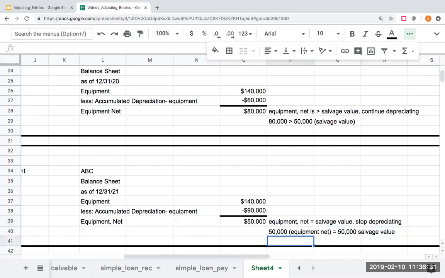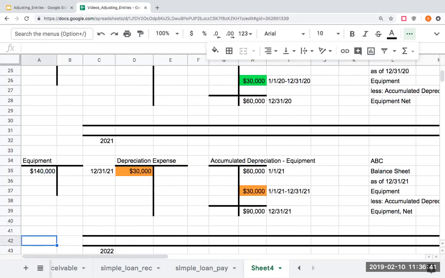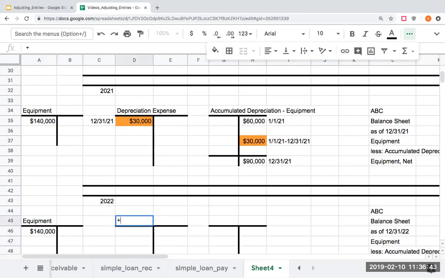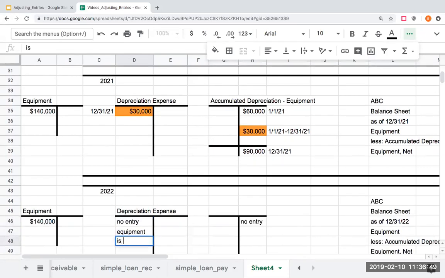So even if I continue to use the equipment, I'm going to be showing this on my balance sheet forever like this. Even if I keep on using the equipment for 2022, there will be no entry here; the equipment is fully depreciated.